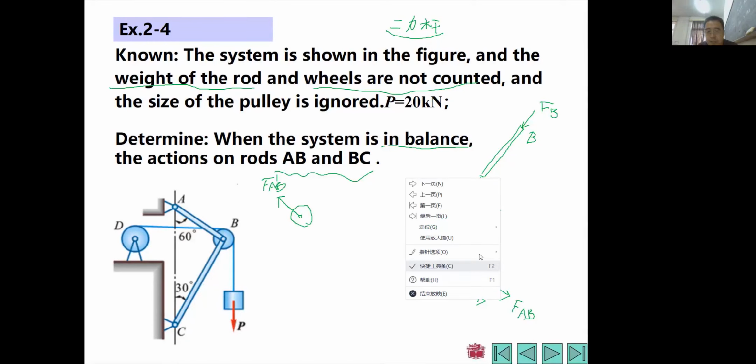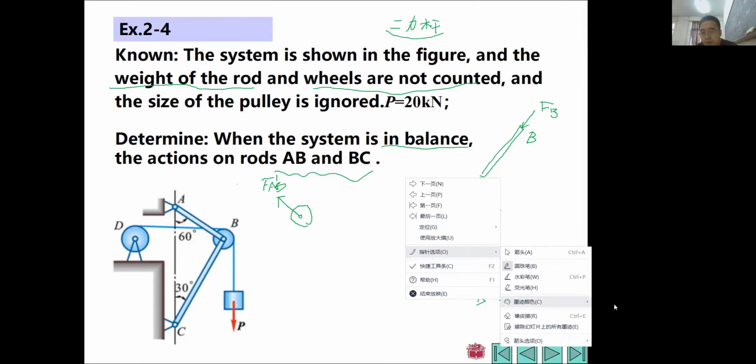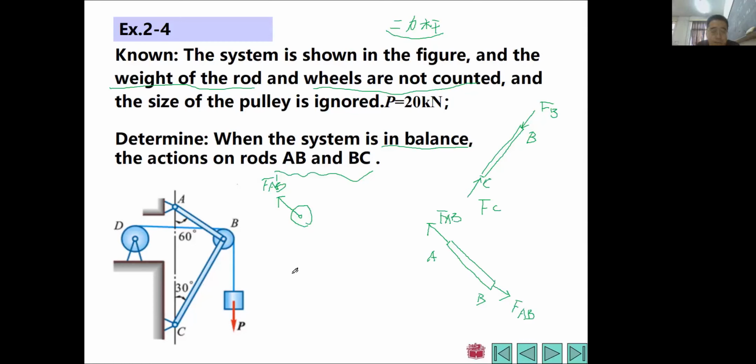Maybe I change to a better color, maybe right here. Another one: if this BC is another two-force balanced rod, acted on by a force FB at point B, then it will be acted on by this pin.